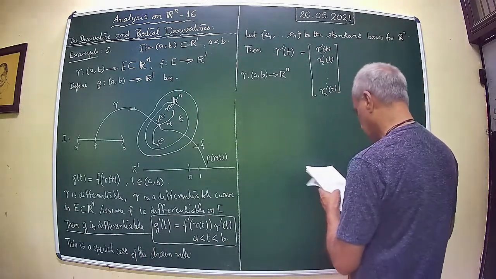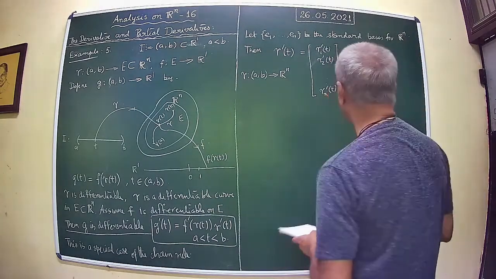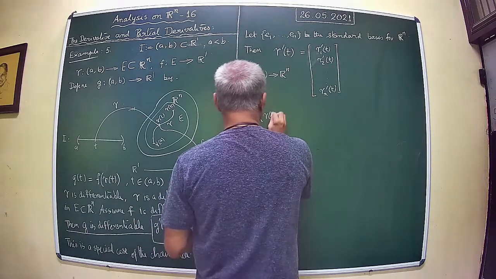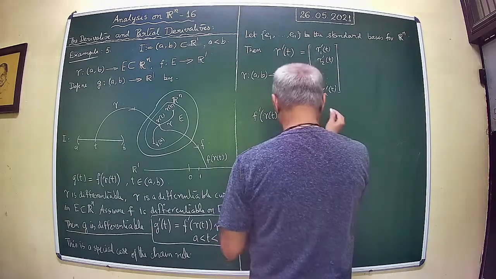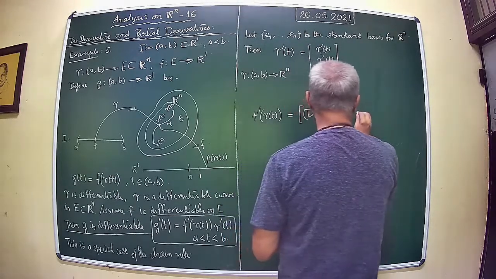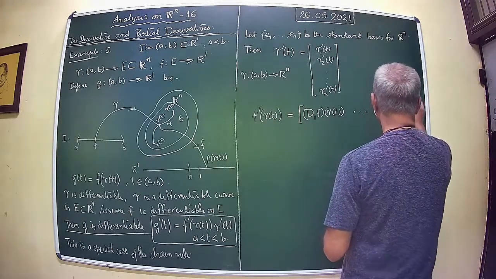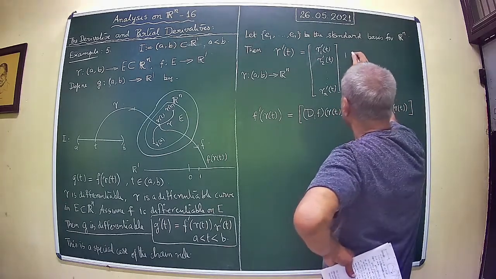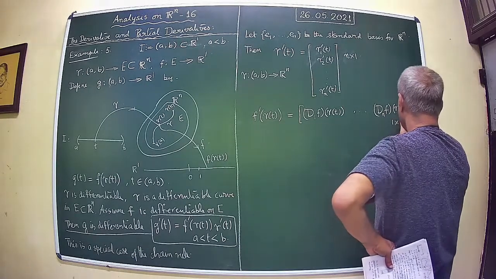And then you also have f derivative, which is equal to the matrix of partial derivatives. This is taken as an n by 1 matrix, and this is taken as a 1 by n matrix.